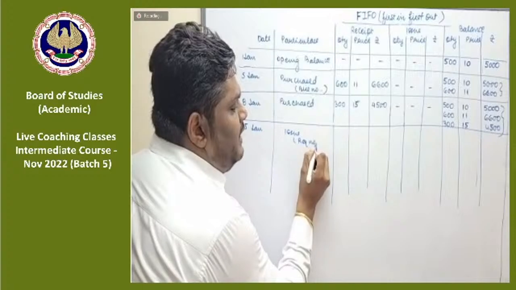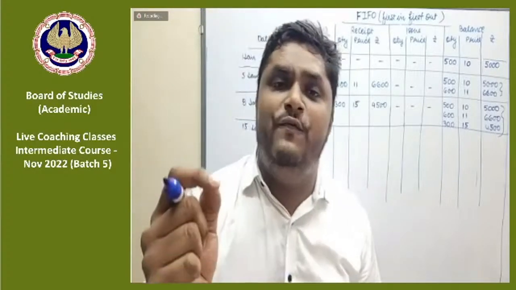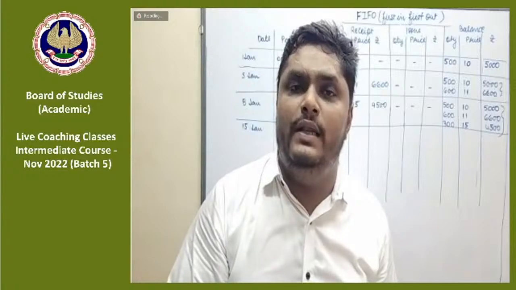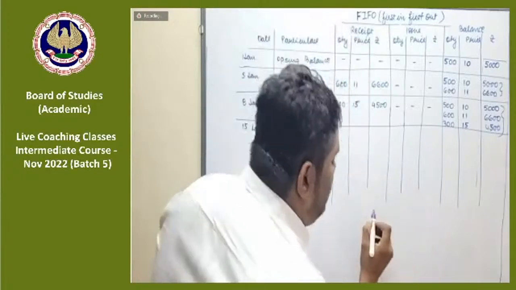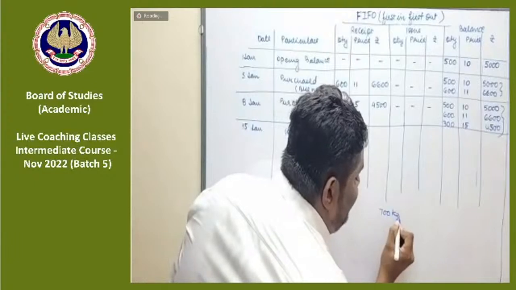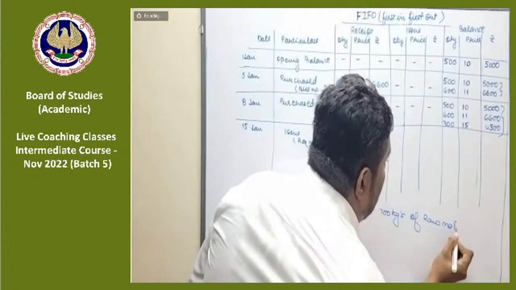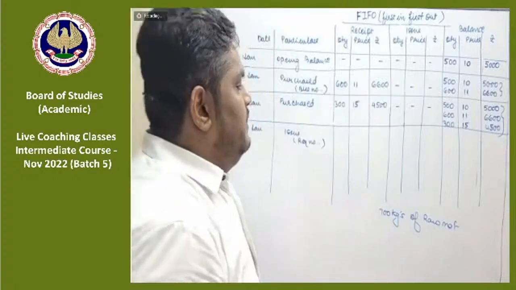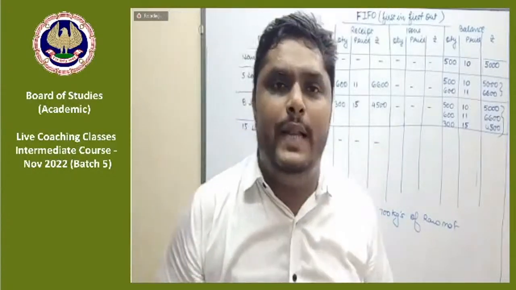We can mention the requisition number also, wherein they requested for 700 kgs of raw material. Now, since there is no purchase of raw material, the receipt column will be empty.